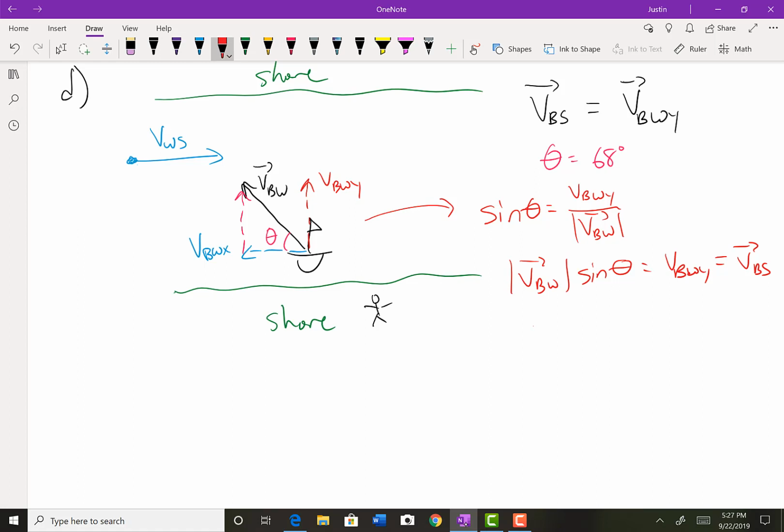I can plug that in: 8 sine of 68 equals the velocity of the boat along y, which is the velocity of the boat with respect to the shore. I should say this is all going to give me magnitudes; I'll put in the direction at the end. So 8 times sine of 68, I'm getting 7.4.